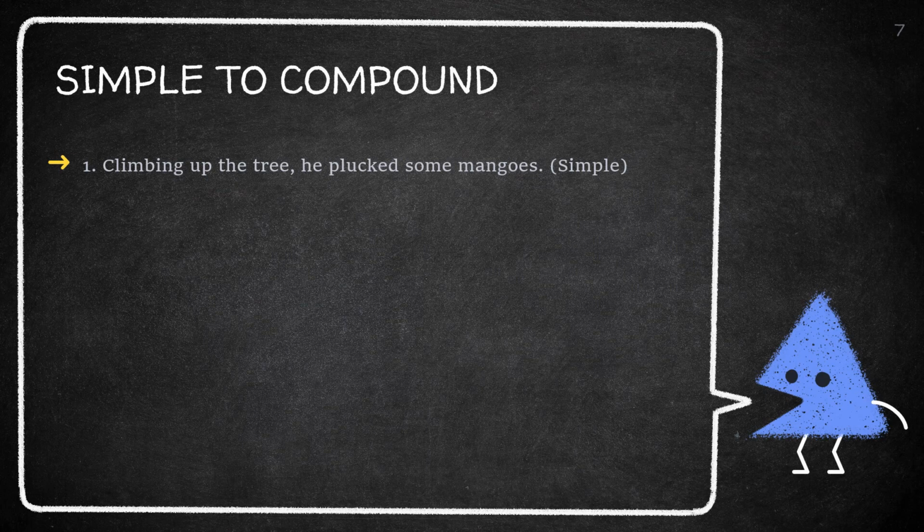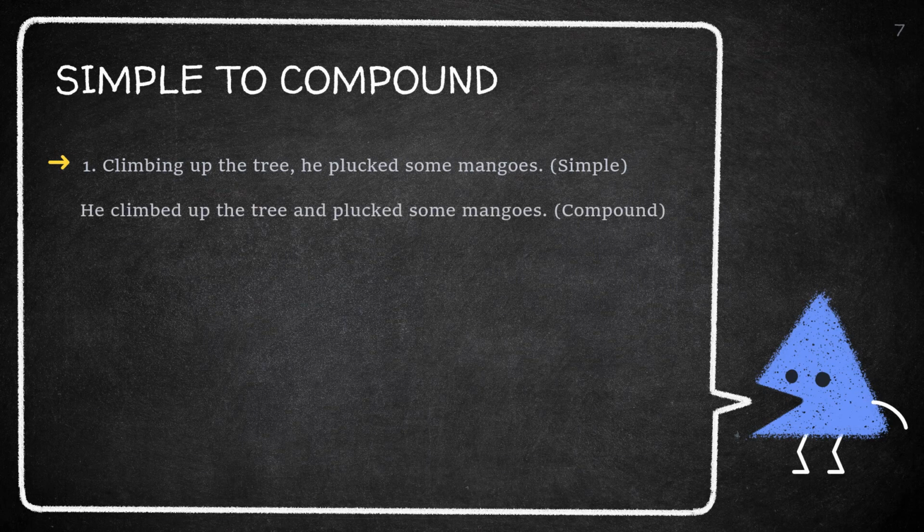If we change the non-finite verb climbing into a finite verb, then we can easily write the answer. And remember, we also have to add a coordinating conjunction since it is a compound sentence. So, we can make climbing as climbed, and let's try to answer it then. He climbed up the tree and plucked some mangoes.